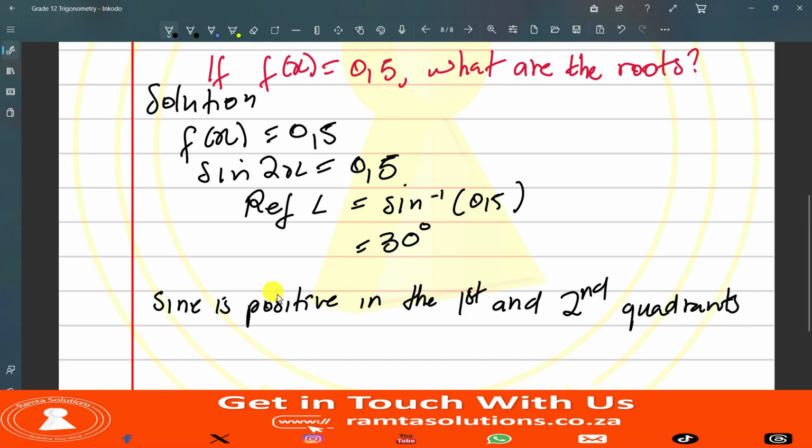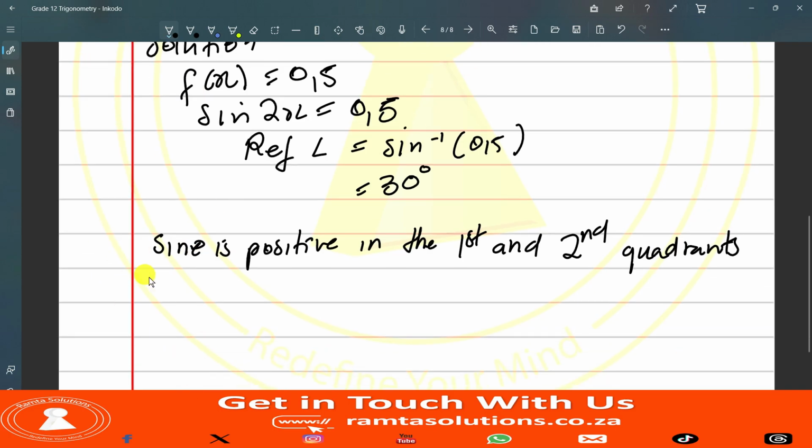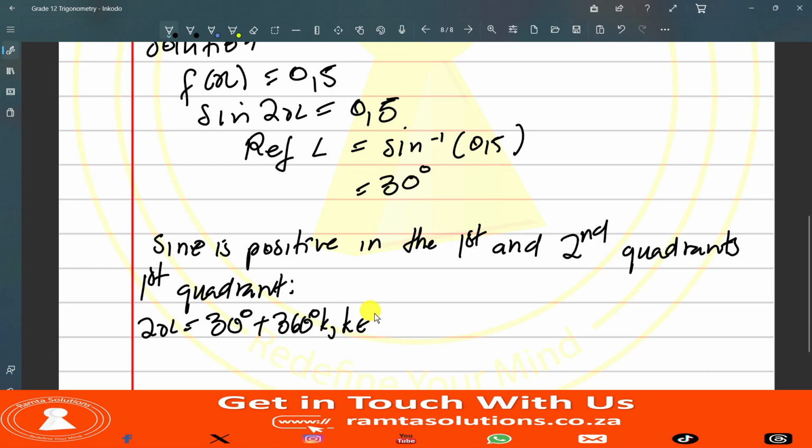Now for the first quadrant, we will say our angle here is 2x. So let's say first quadrant, 2x equals, we take the reference angle as is, we don't manipulate it. So equals 30 degrees plus 360 degrees k, where k is an element of an integer.